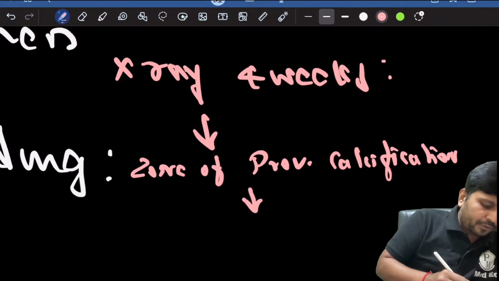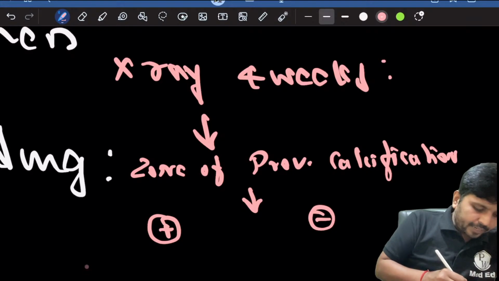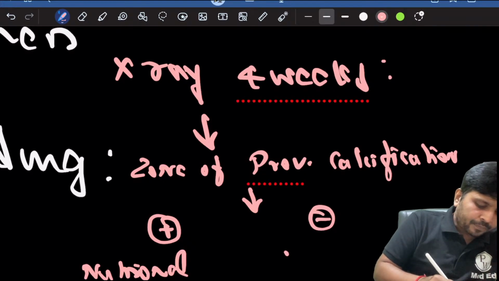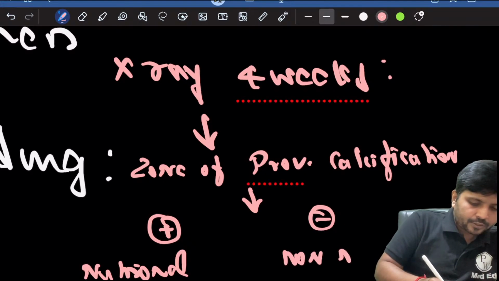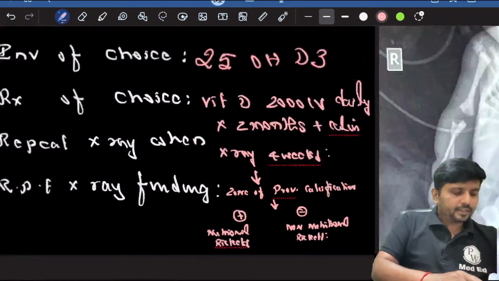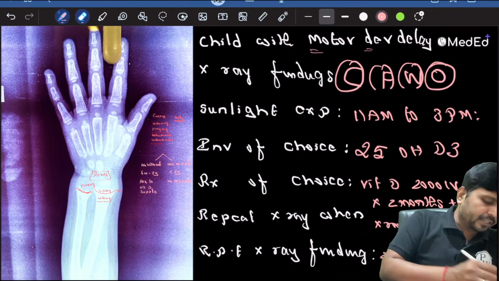So zone of provisional calcification present or absent. Present means nutritional rickets. Zone of provisional calcification absent means non-nutritional rickets. Okay, what is called zone of calcification?